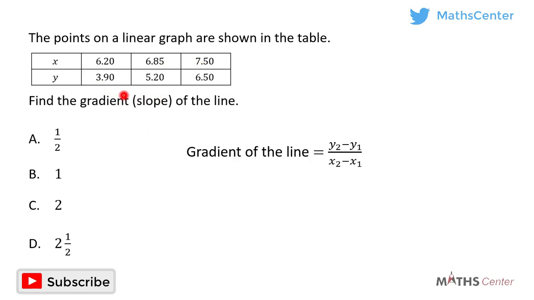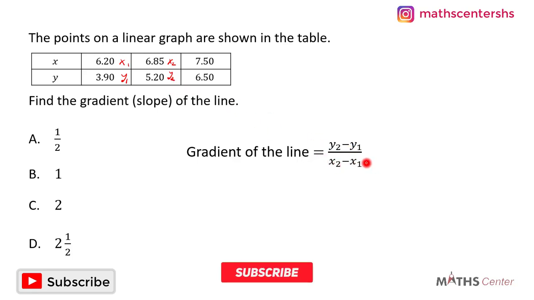But here I'm going to use the first one and the second one. So I'll use the second one as my x2, y2, and the first one as my x1, y1. So I'll substitute this information into the formula. The gradient is y2 minus y1 divided by x2 minus x1.